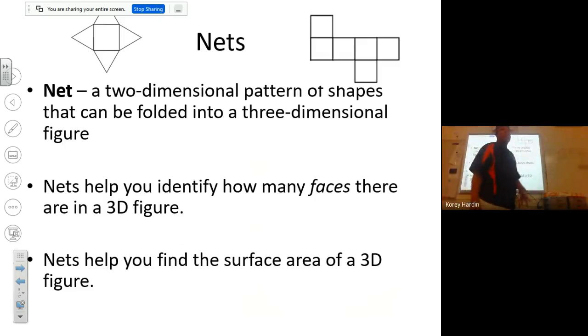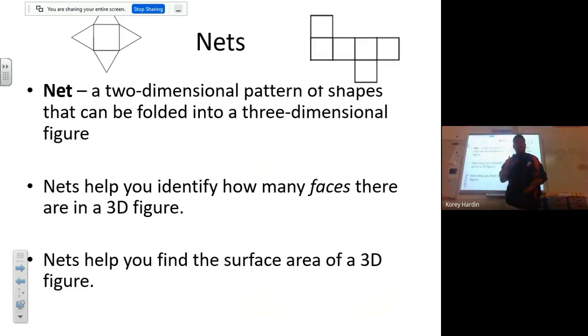Now, let's talk about nets for a minute. Like I said, this is just bang, bang, bang vocabulary over and over and over. But a net is kind of like a cheat sheet. If you get a net, just go ahead and start clapping, because that means you kind of have a cheat sheet for calculating these. A net is a 2-dimensional pattern of a shape that can be folded into a 3-dimensional figure. So what's happening is I've got this 3-dimensional shape, and with a net, I'm kind of unfolding it and pulling all the shapes out to where it's 2-dimensional.